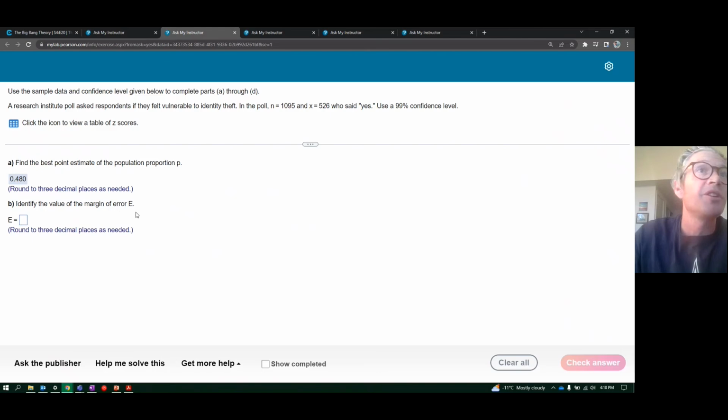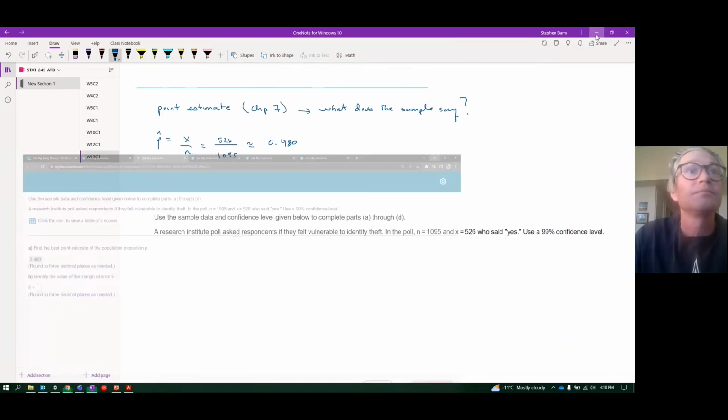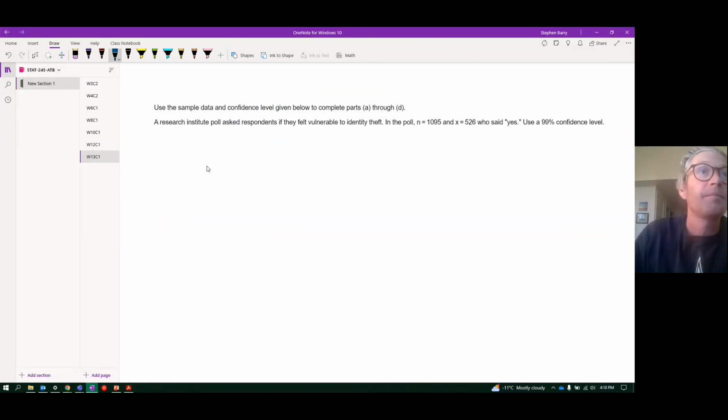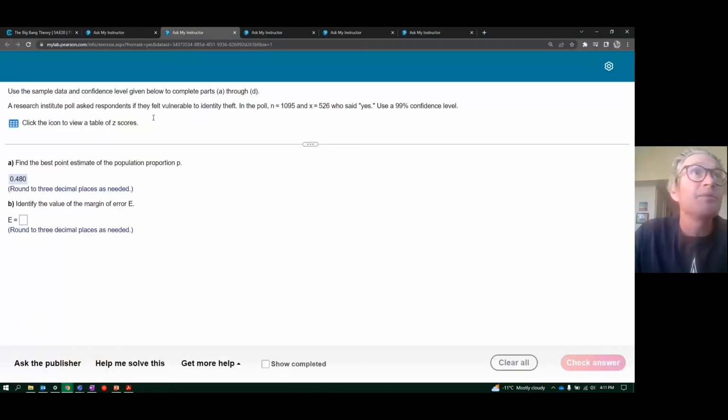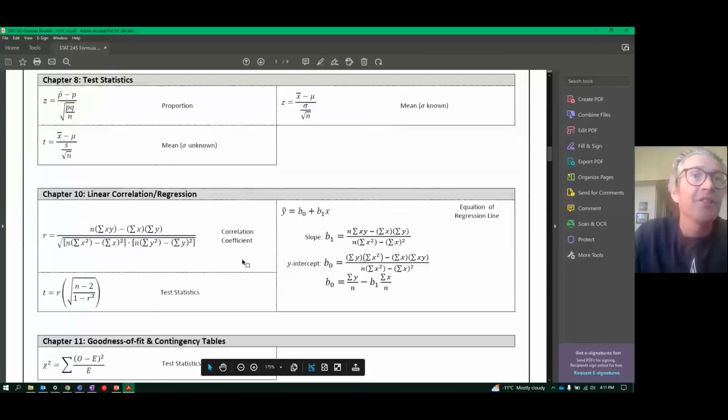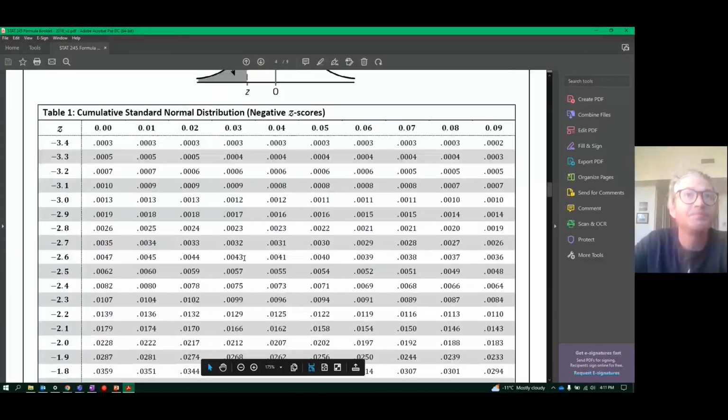Identify the value for the margin. Okay, so again, here, all we really have to do is worry about the Z-score. Right? What's the error for these things? It's going to be Z alpha over 2 times the square root of PQ over n, from the formula sheet. So what's the Z-score for 99? Again, it just takes a little bit of practice, but eventually you're going to realize that's a common number.